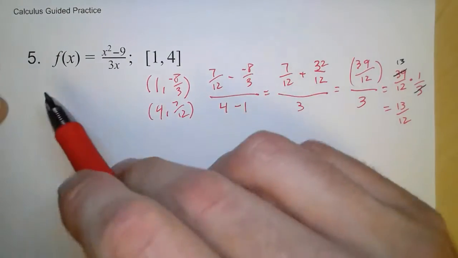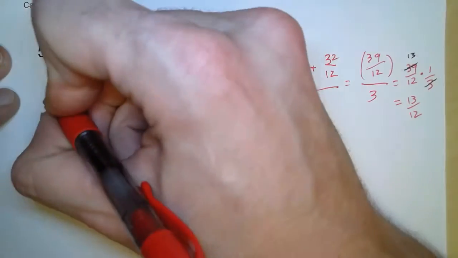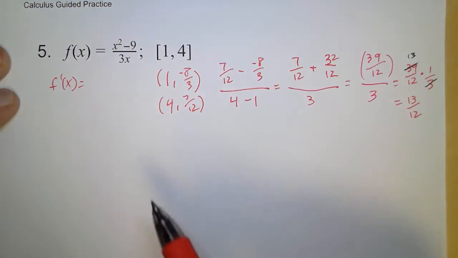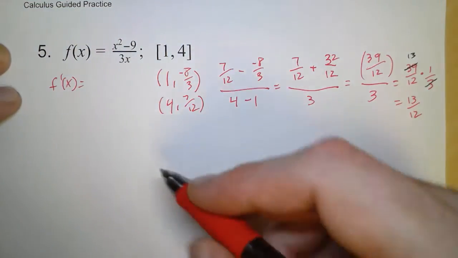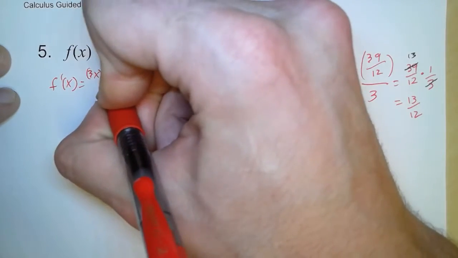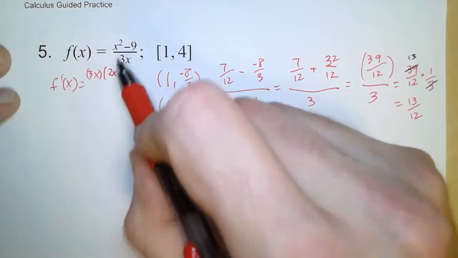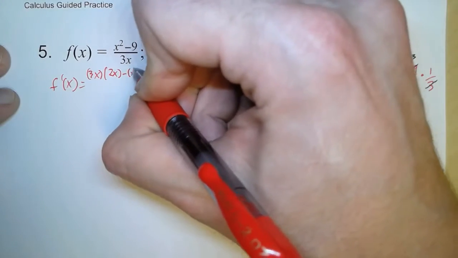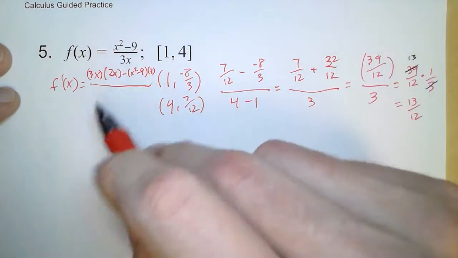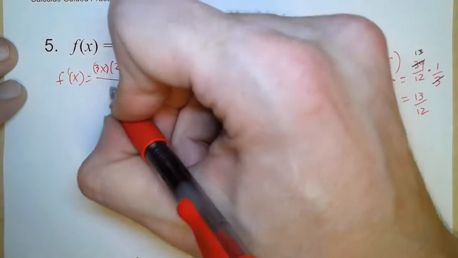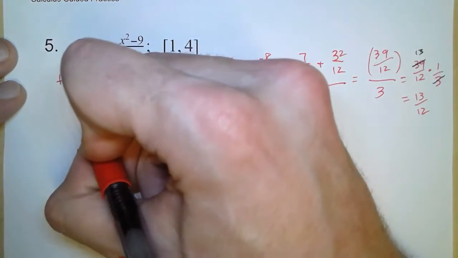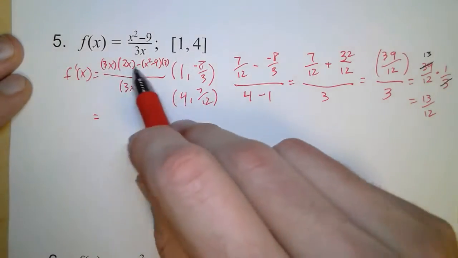All right, now we need to find the derivative. So f prime of x, this is quotient rule. So we have low d high, so 3x times 2x, minus high, x squared minus 9, d low, which is 3, all over low squared, that's 3x squared, squared. I have to do a little bit of algebraic simplification here.